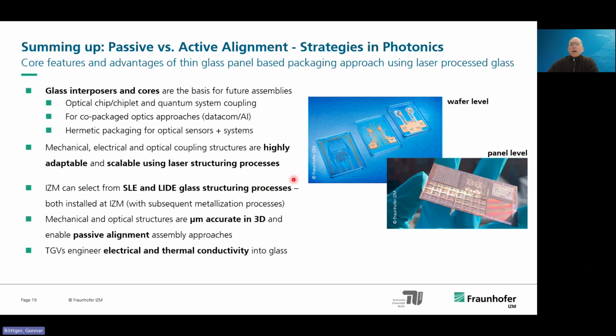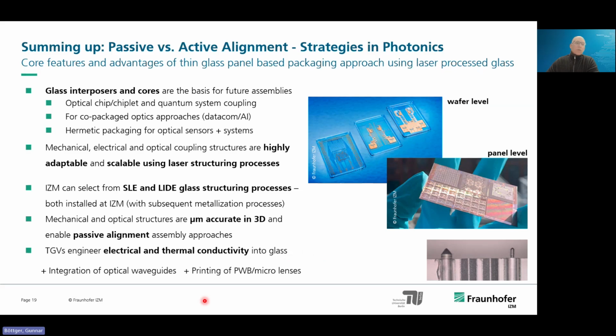The thermal conductivity in glass is not existing, but you can engineer it into the glass by filling through glass wires with metal, and this is a task in this approach. We can also integrate optical waveguides or print photonic wire bonds and microlenses where needed. This is another way to enhance these glass packages.